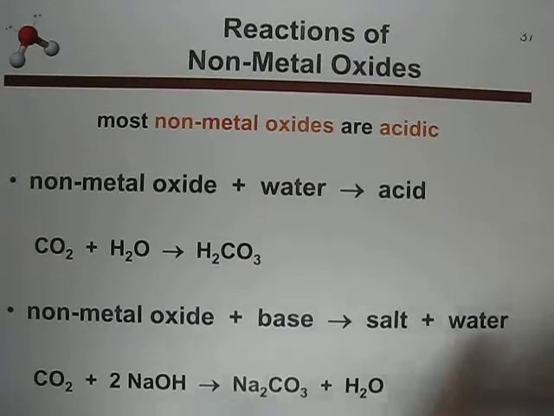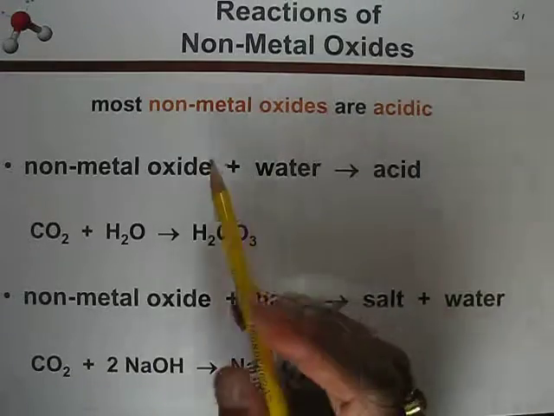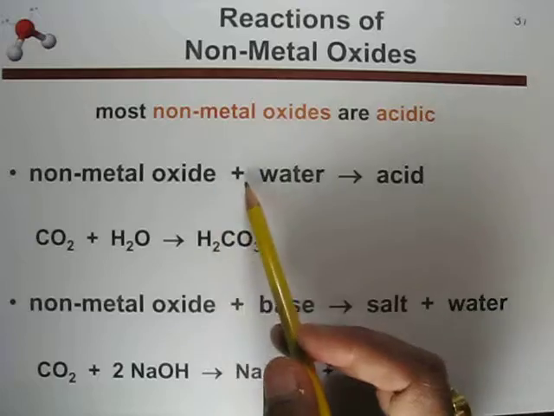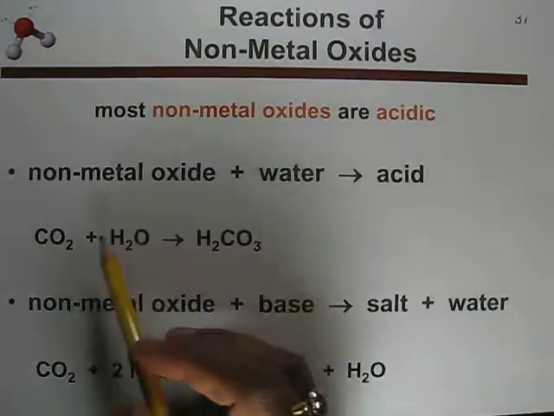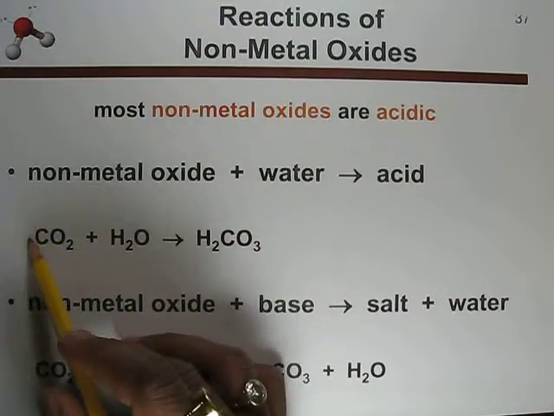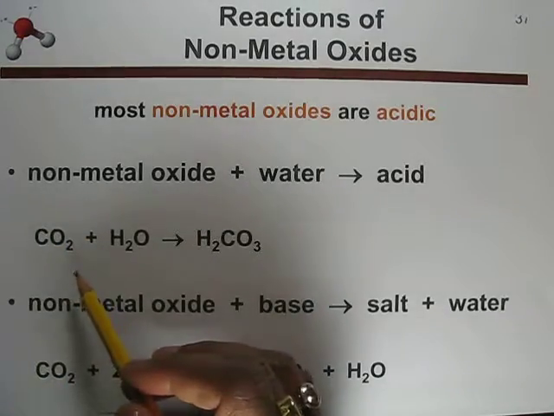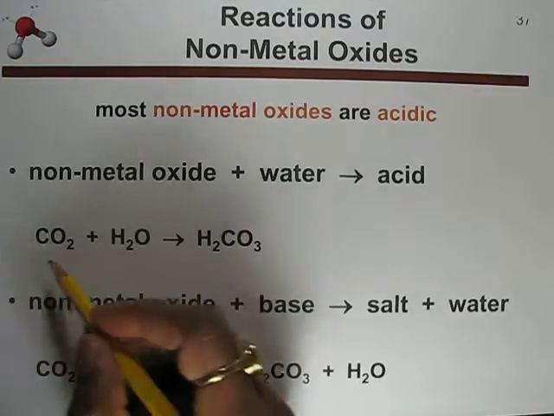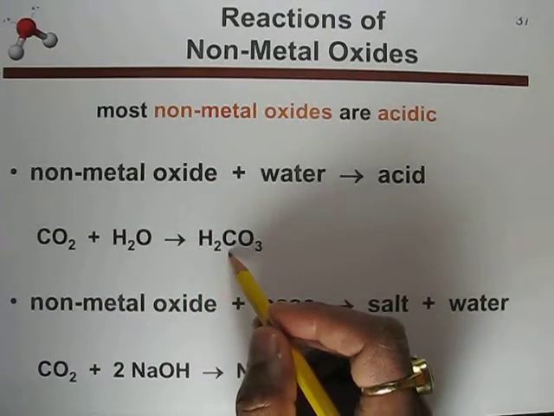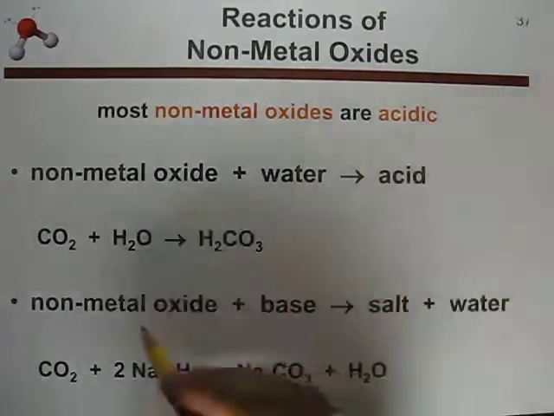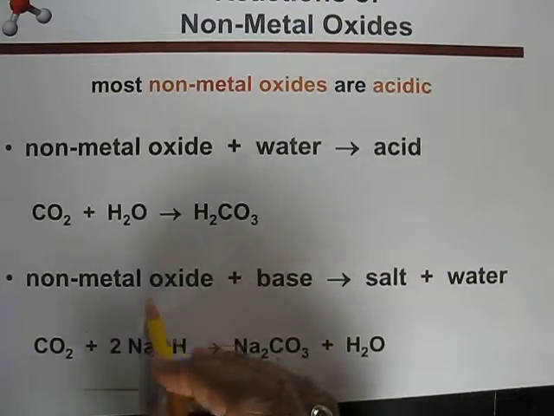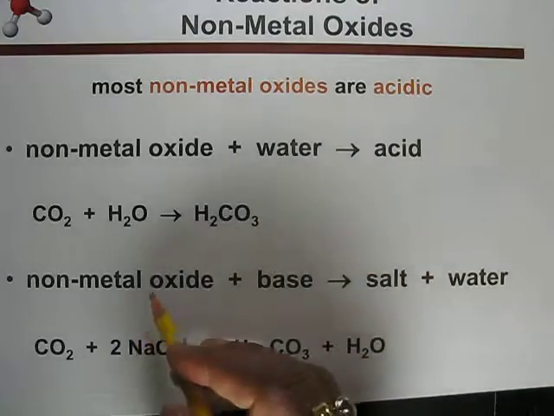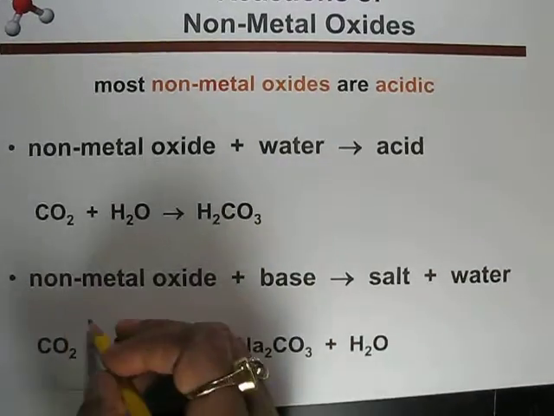Most nonmetal oxides are acidic: nonmetal oxide plus water gives an acid. For example, if you dissolve carbon dioxide gas, dry ice, in water, it forms carbonic acid, H2CO3. And nonmetal oxides, for example carbon dioxide gas, are acidic in nature.